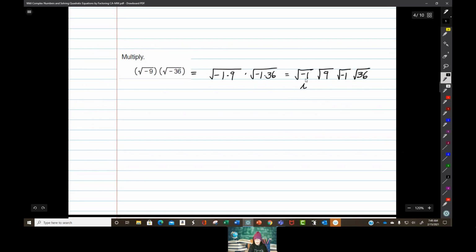So we're going to have i times 3 times i times 3. Nope, times 6. There now. So we're going to have i squared times 18. Right, 3 times 6, yes, 18. Now, i squared is -1, so we'll have -1 times 18, which is -18.